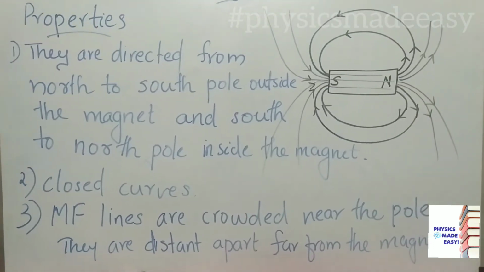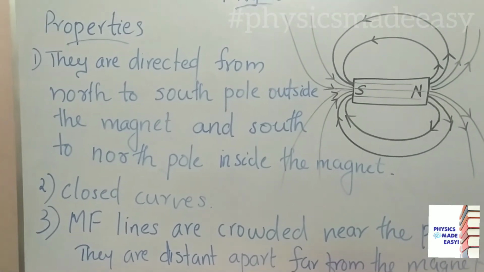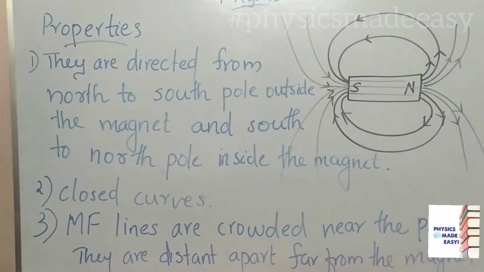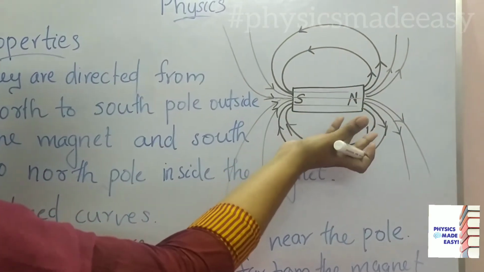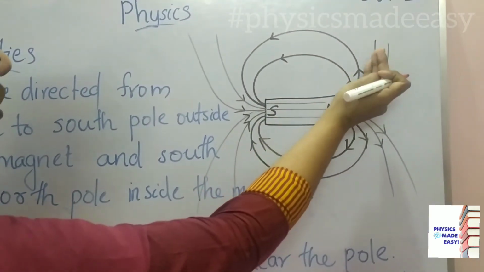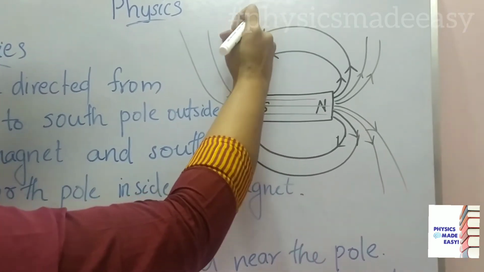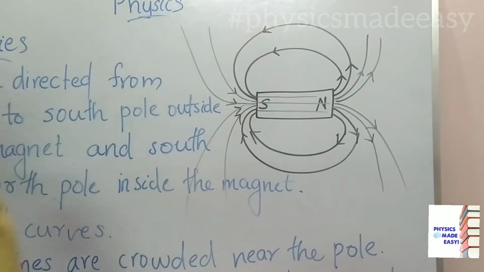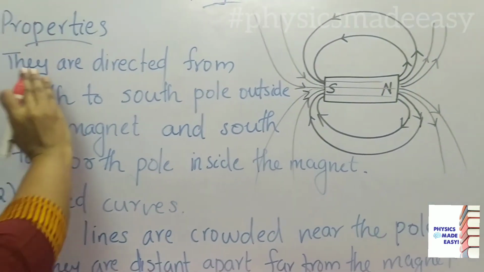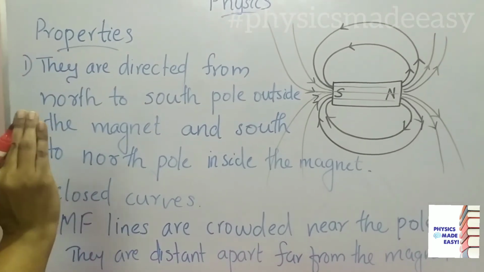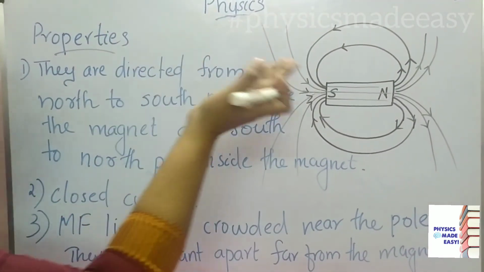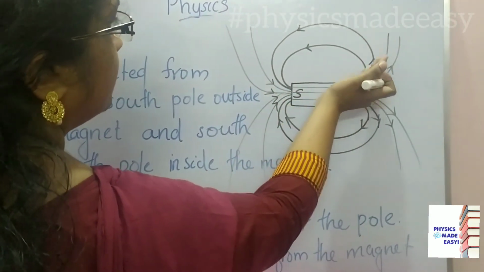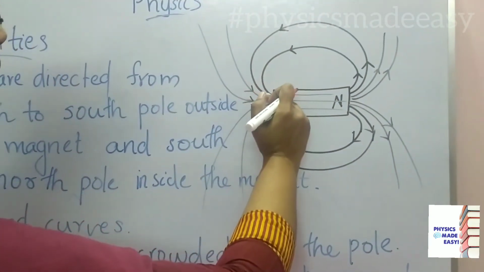Children, let us discuss the properties of magnetic field lines. Here you can see a bar magnet. I told you the magnetic field lines are emerging from the north pole, then merging at the south pole. So we can say these magnetic field lines are directed from north to south pole outside the magnet, starting from north and ending at the south.